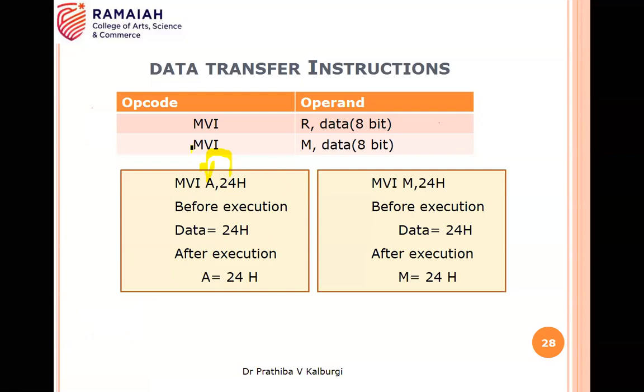Similarly, with move immediate M comma 8-bit data, I've written move immediate M comma 24. Before execution, you have 24 as your immediate data, which will be transferred into your M register. After execution, M will have the value 24H. Now we will move on to how to write the program.